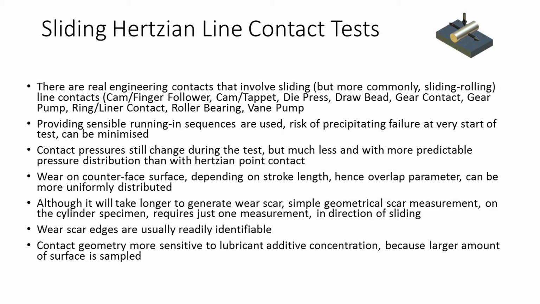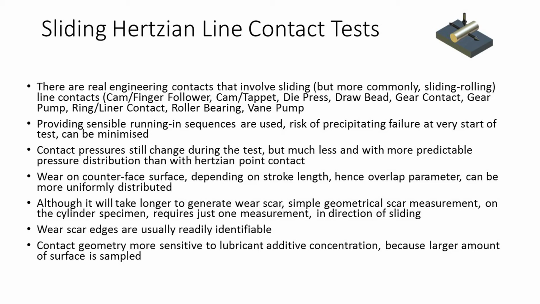Wear on the counterface surface, depending on stroke length, hence overlap parameter, can be more uniformly distributed. Although it will take a longer time to generate a wear scar, simple geometrical wear scar measurement on the cylinder specimen requires just one measurement in the direction of sliding.